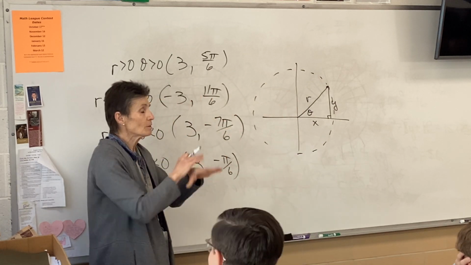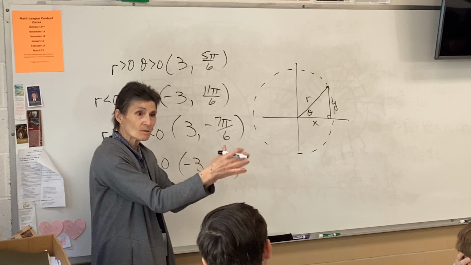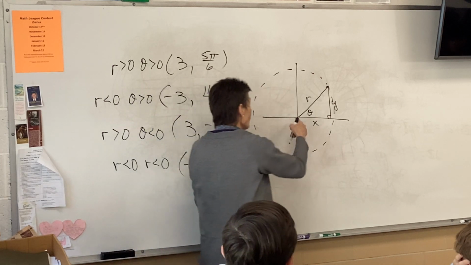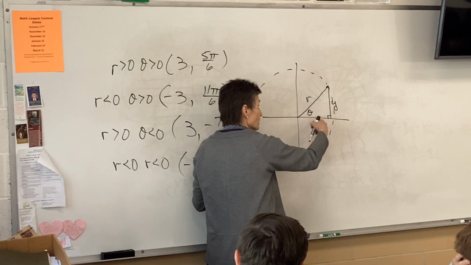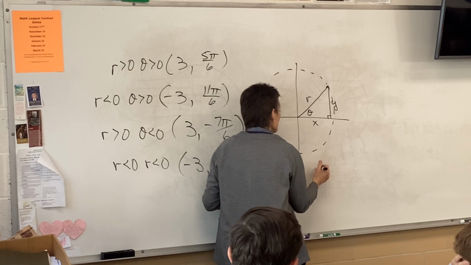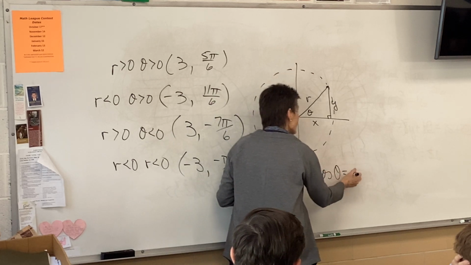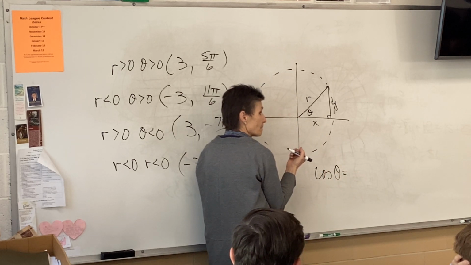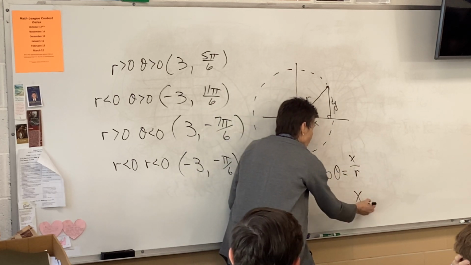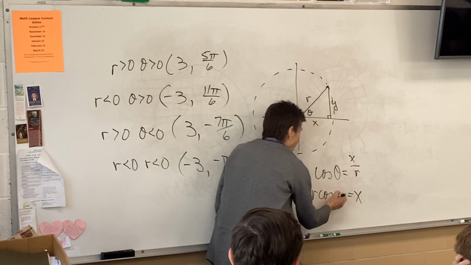That picture has it all. It has x and y and r and theta and shows the relationship between them. What do I know? Look at this now. Think SOHCAHTOA. Think your definitions. What do you know about cosine theta? What does cosine theta equal? X over r. So what does x equal? R cosine theta.